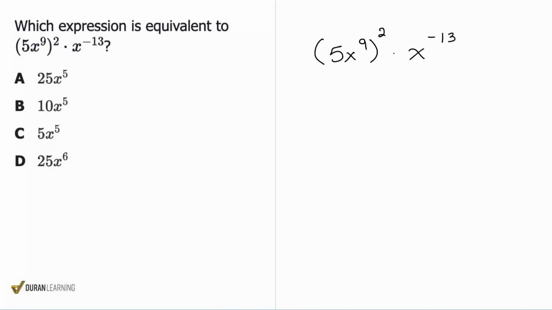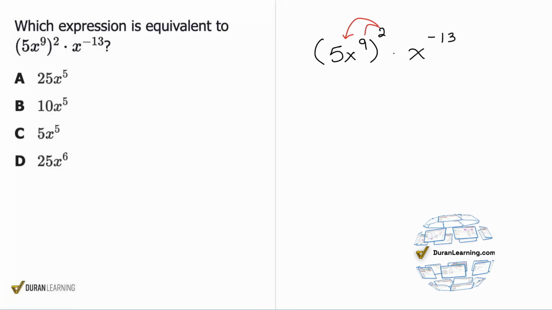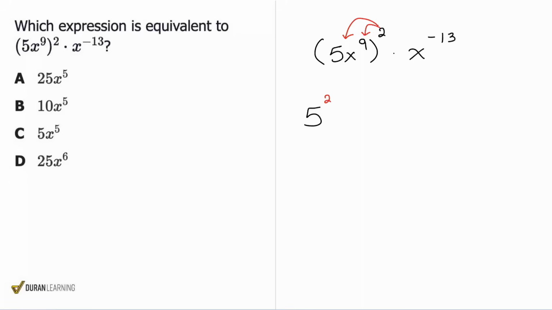So everyone, when we have the power of a product here, what we're going to do is distribute the 2 to the exponents of the 5 and the exponent of the x. So here's what this looks like. I'm going to just take this over here and over here. So we have 5 to the power of 2, and then we also have x to the power of 9 to the power of 2.